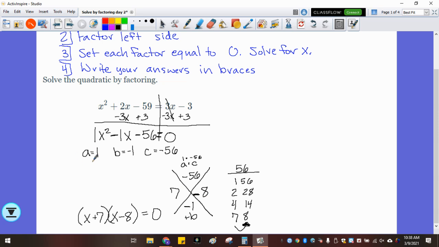You can only do that if a equals 1. Today we're working on questions where a doesn't equal 1, so make sure you remember the box method always works. 7x, -8x, we did x, 7, and -8.